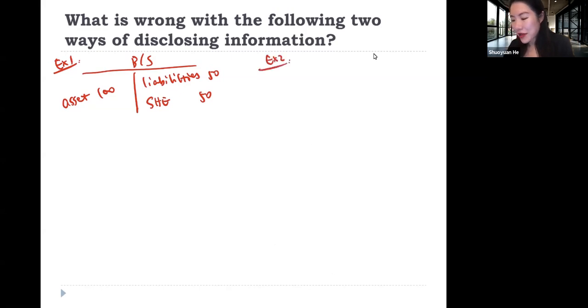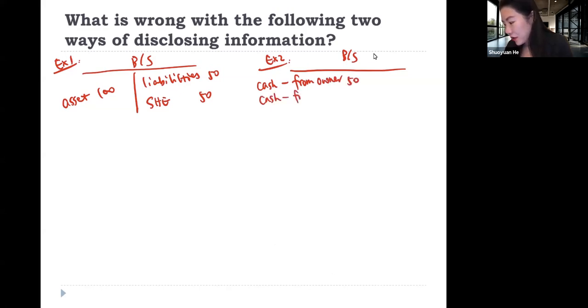Another example is if I have a balance sheet, and here is how I do it. I have cash from, for example, the owner 50. I have cash from borrowing 50.